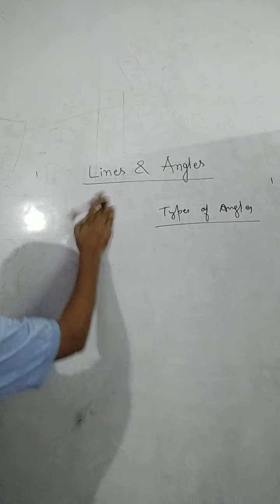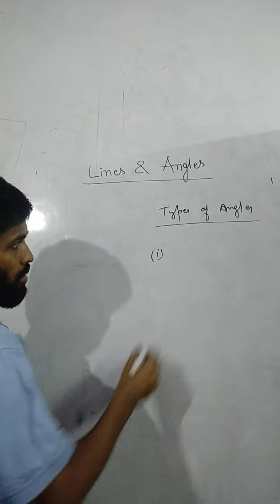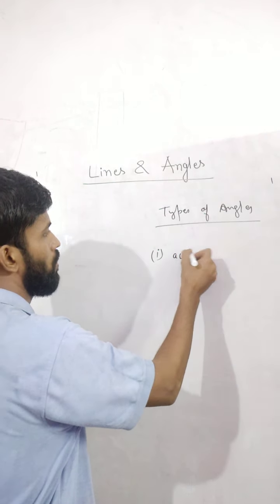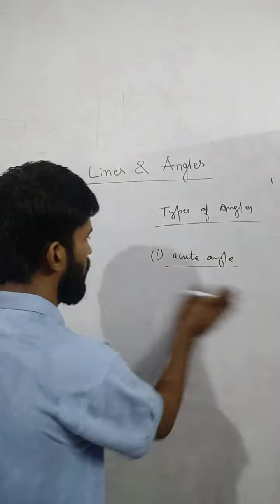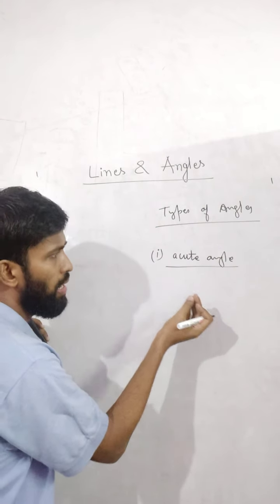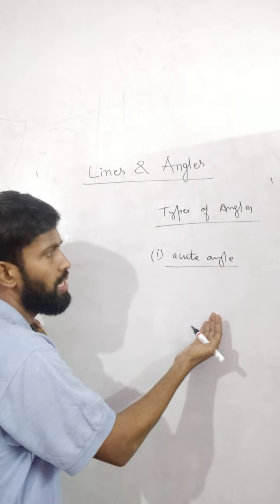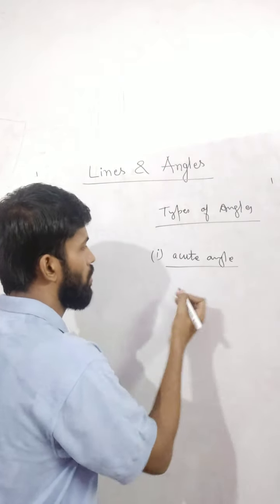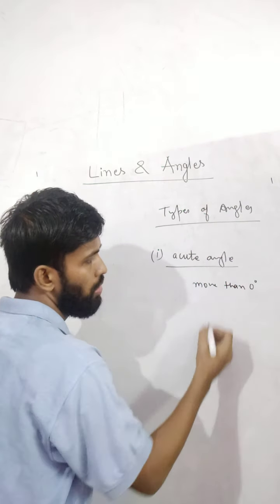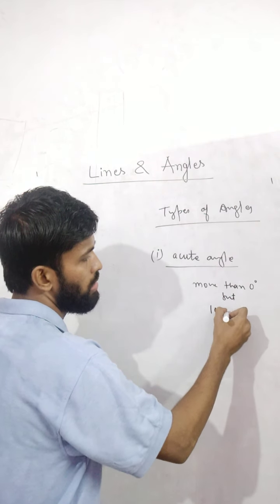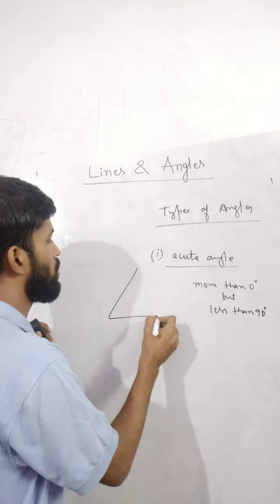Okay, so the first type of angle is acute angle. What is an acute angle? It's very simple. An angle whose measure is more than 0 degree but less than 90 degree, right?